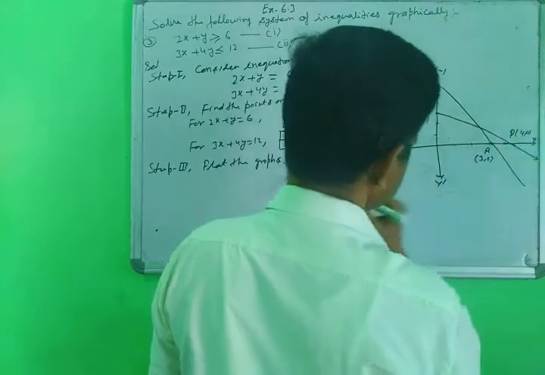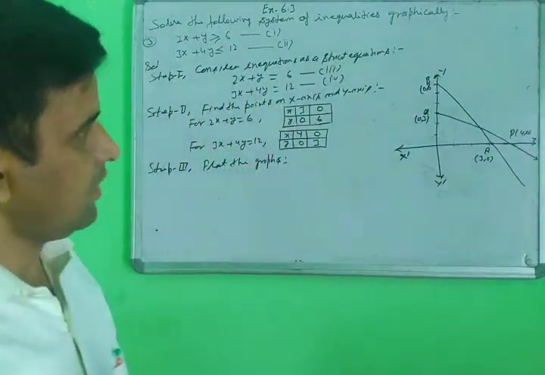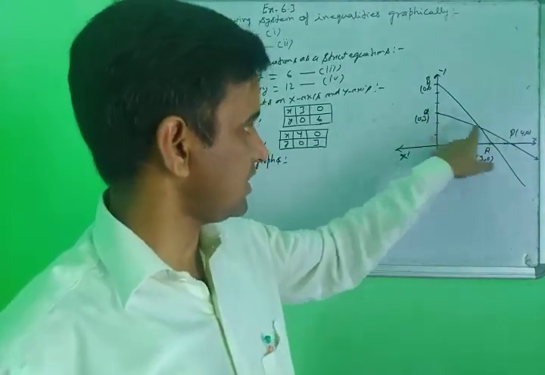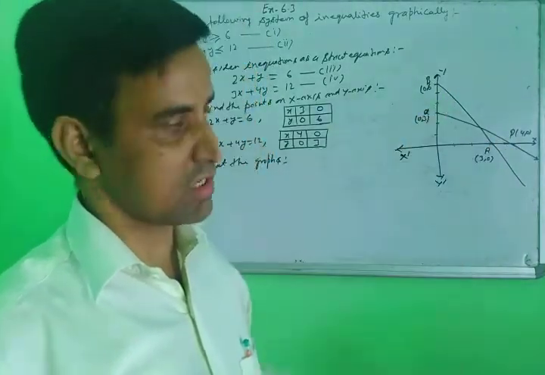This is the x-axis. PQ points are the second graph, and AB points are the first graph.